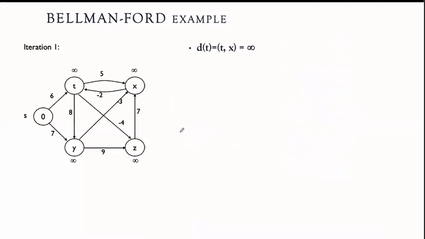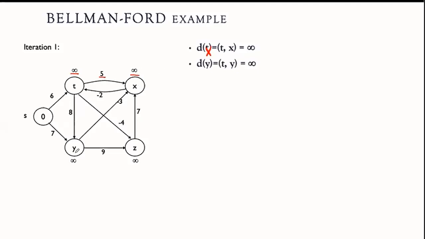First iteration. As I said, it is not t, it is x. I am considering we are starting with the edge t to x, and the distance of x will be updated. You can see here, distance of t is infinite. Infinite plus 5 will also be infinite, so it will not change.